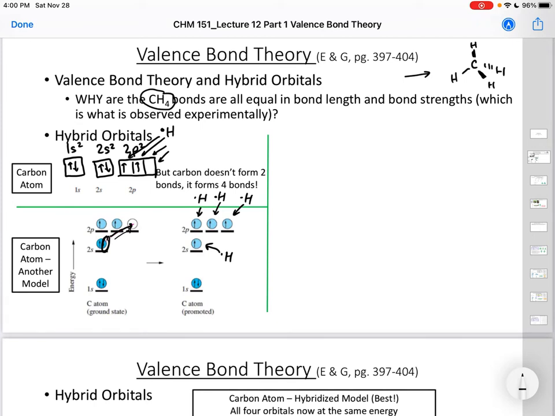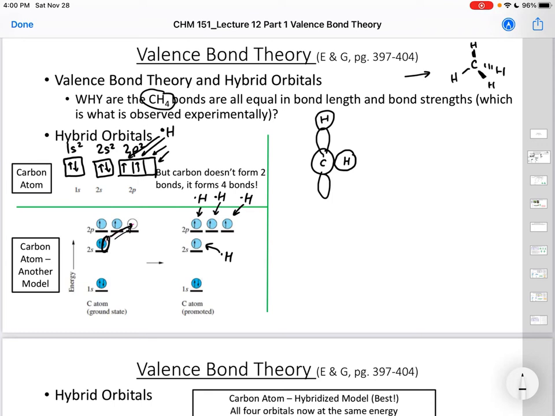The problem is, if you think about it, 2s is like this. Hydrogen's 1 electron is in the 1s, so hydrogen comes in, this is your carbon, that's your first bond. Then the 2p has px, py, and pz. So if you have your pz, it's making a bond with your hydrogen.